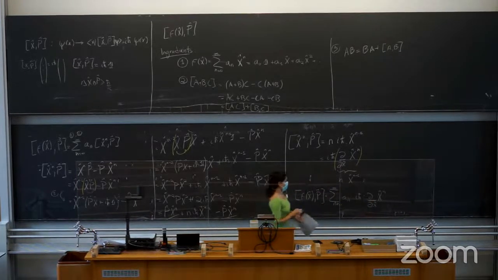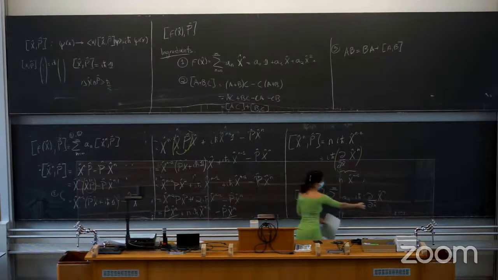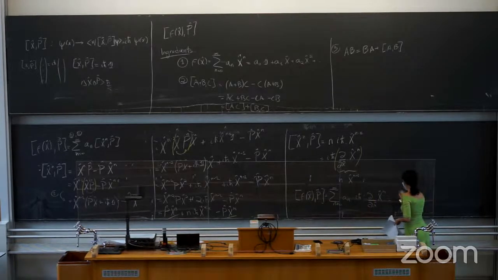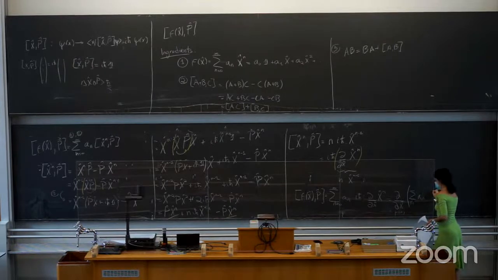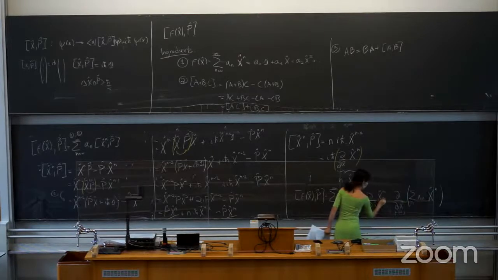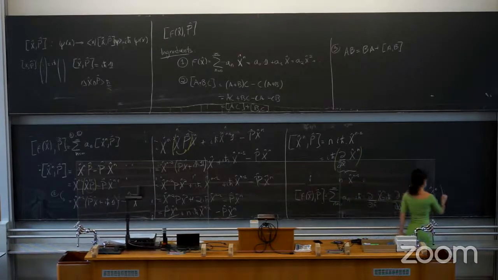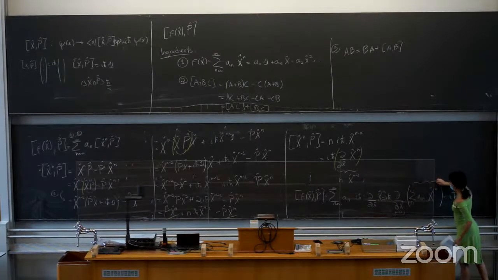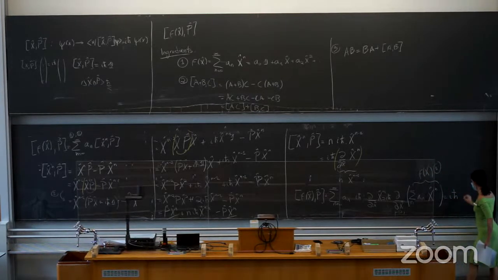And because nothing else here depends on x, we just bring this derivative outside. So that's the derivative in x of this thing, x^n, with the constant coefficient i h bar. But that's just i h bar times the derivative of f of x, since this was the definition of our function when we expanded first. Okay.